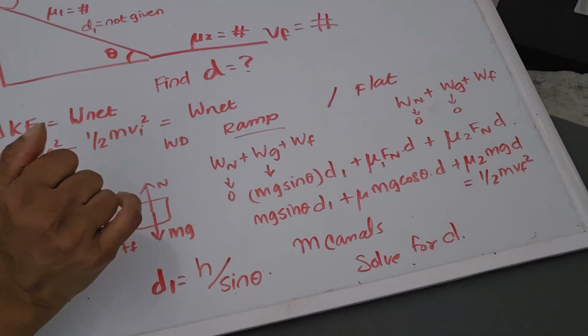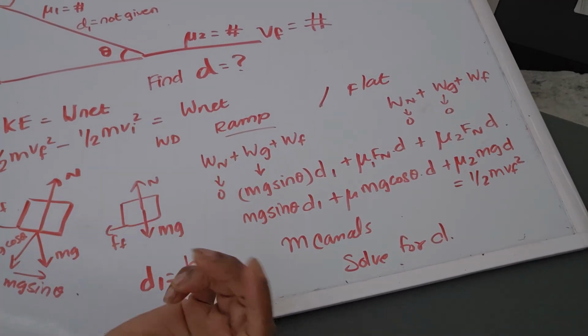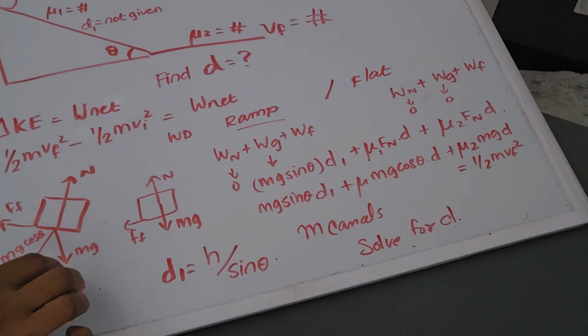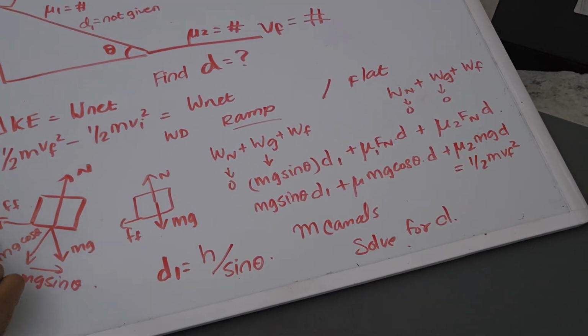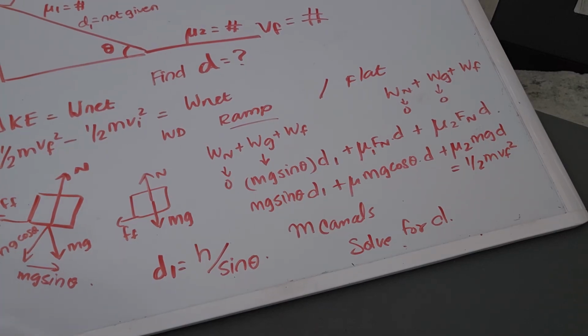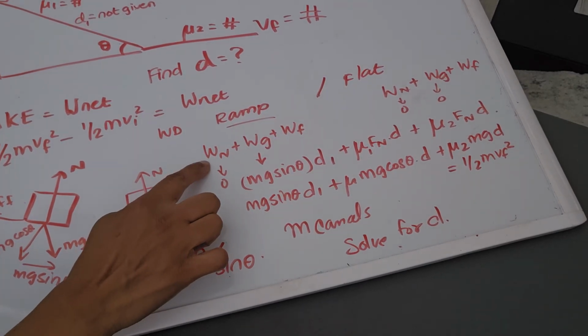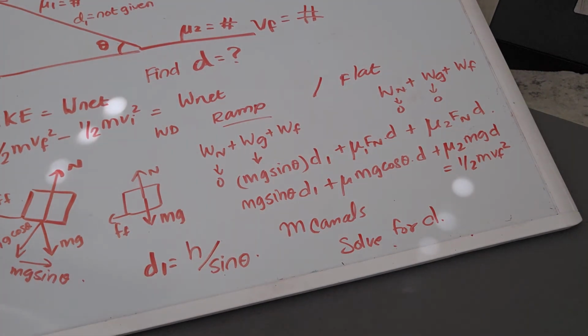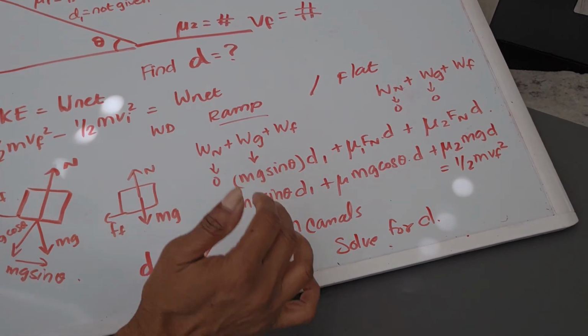Now the work done on the ramp. If you draw the free body diagram, I have the normal force, the force of gravity, and the frictional force. These three are the forces that could contribute to work done. You know that work done by the normal force is going to be 0 because theta is 90 degrees, and it's also a perpendicular force, right?